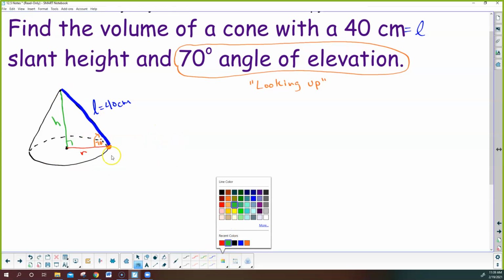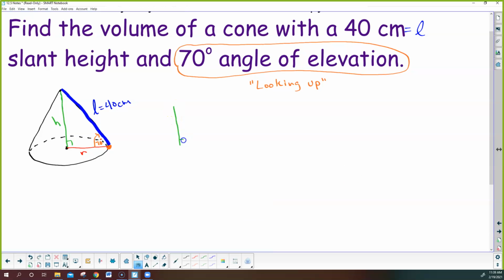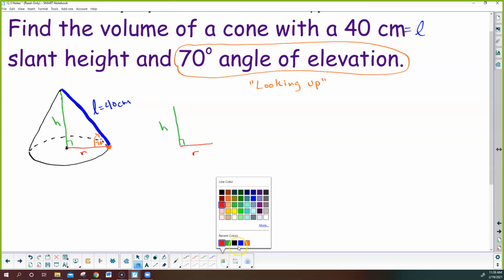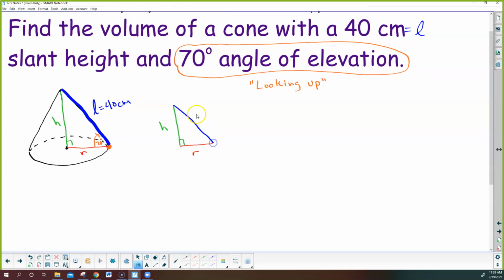Now, for me, I don't love the three-dimensional drawing of this, so I'm going to just redraw it with just the triangle, the right triangle. And then I know that that angle of elevation is 70 degrees.